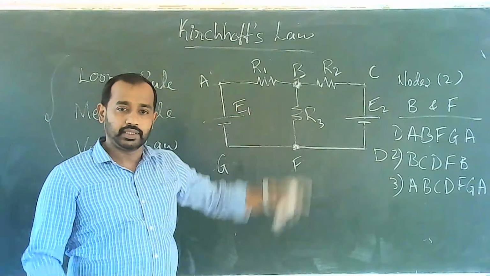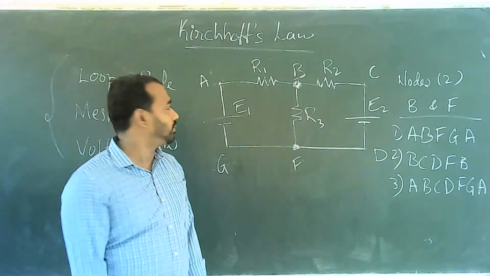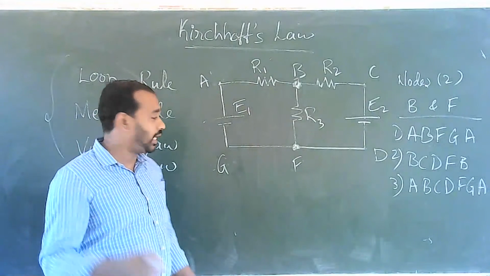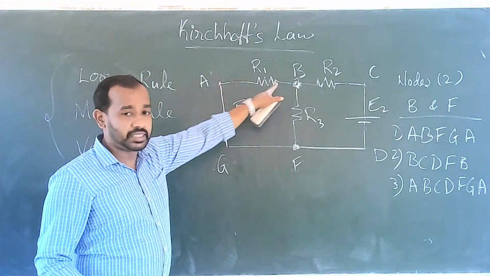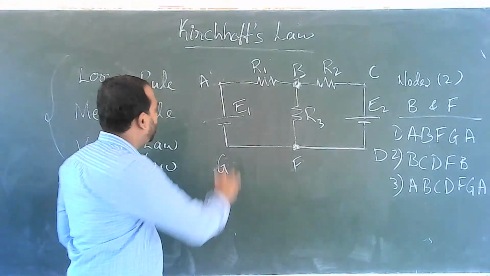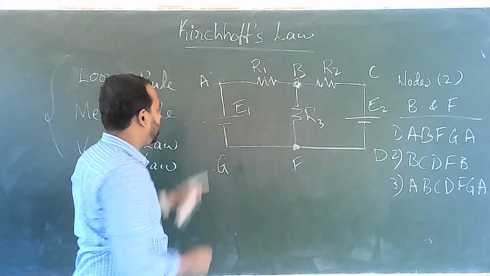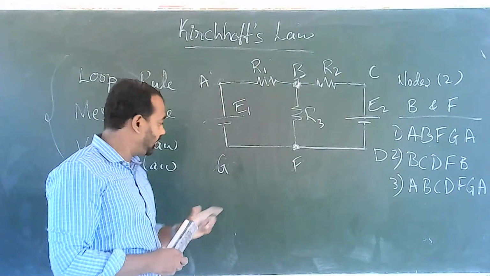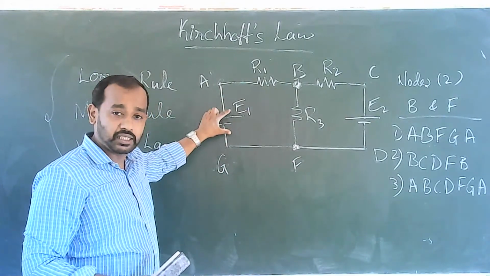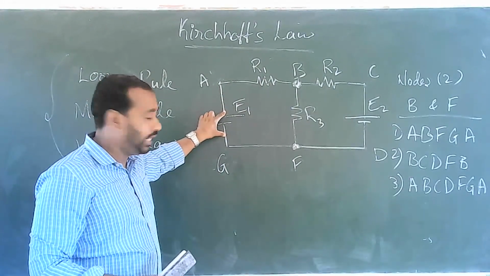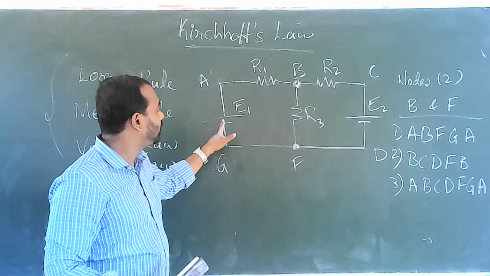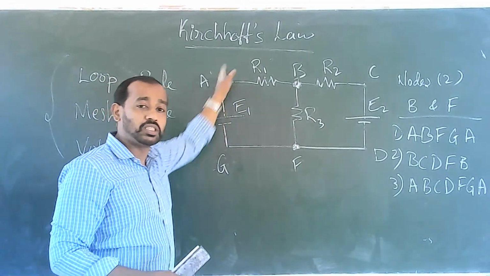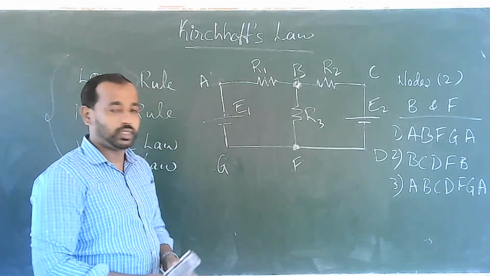First, the current flowing in the branch G to A. Usually, the current in the external circuit, when there is a cell, is always from positive to negative.